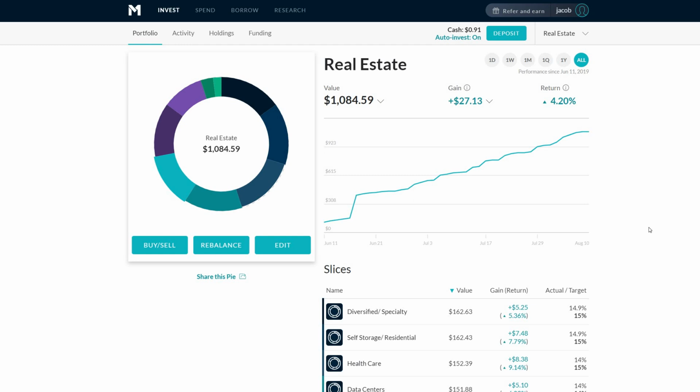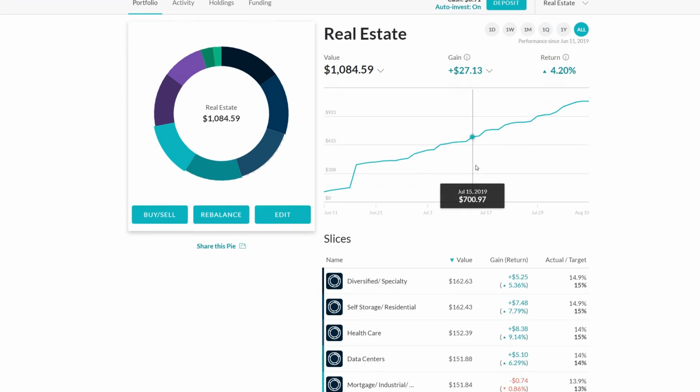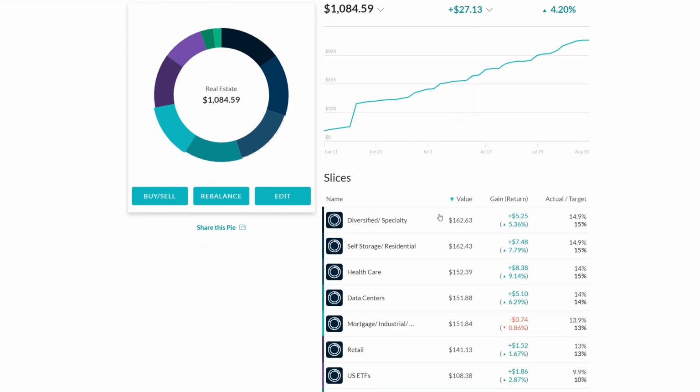Now, some people say that you should be investing between 10, 15, maybe 20% into real estate. This represents, I believe, 20%, give or take, of what I invest here in my M1 Finance account. So I don't invest more than 20%. Right around 20%.